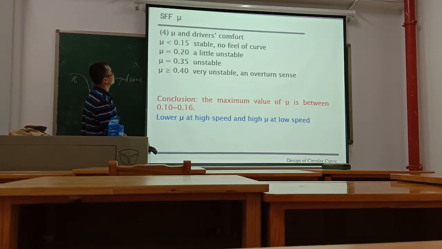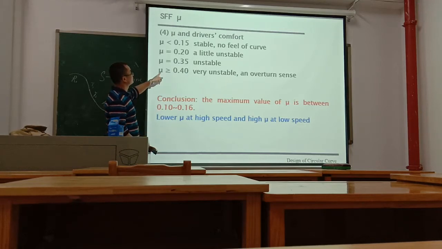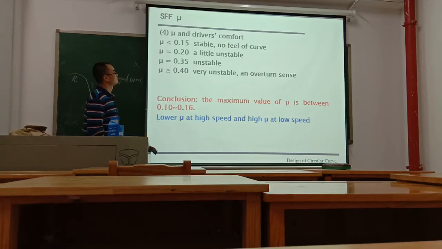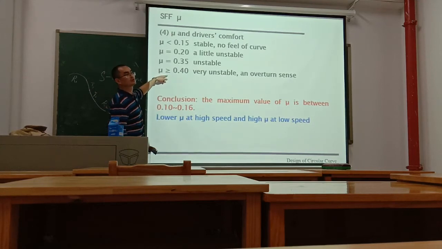When mu is equal to 0.35, the drivers feel unstable. When mu is greater than or equal to 0.40, drivers will feel very unstable, and overturning feels unsafe. So it's too large.